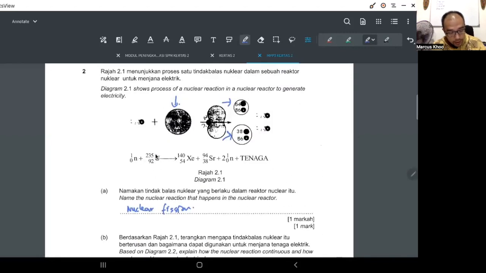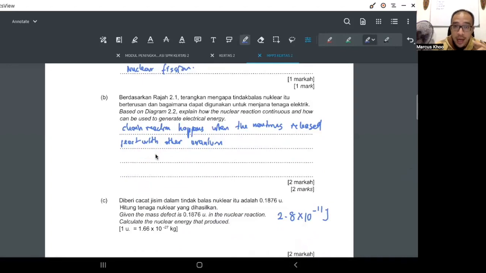So the neutrons that are released react with other uranium. That is how the nuclear reaction becomes continuous. You get a chain reaction, and the chain reaction happens when the neutrons you release react with other uraniums to continuously produce the energy.